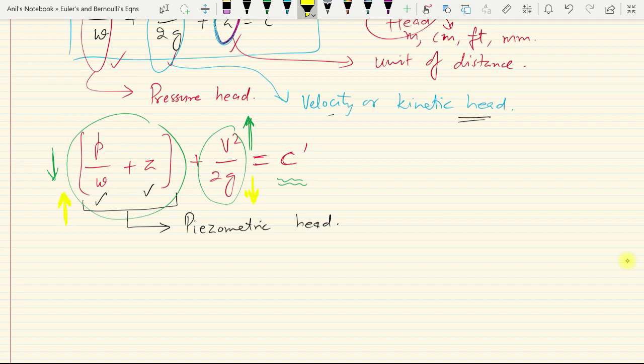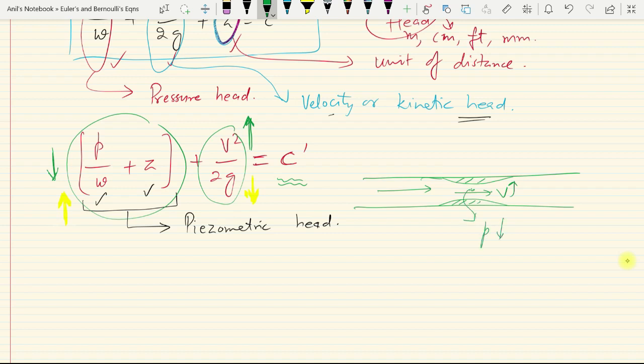So therefore, whenever in a pipeline velocity increases due to some reason, due to some blockage or something, at that point pressure will drop, pressure head will drop, so that Bernoulli's equation remains valid.